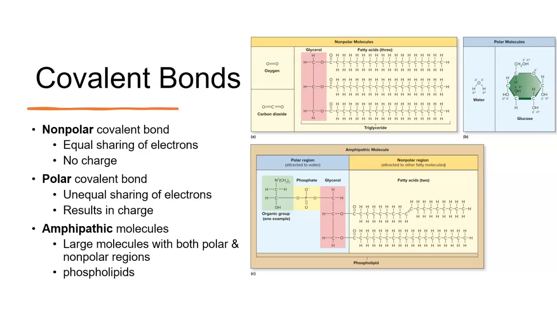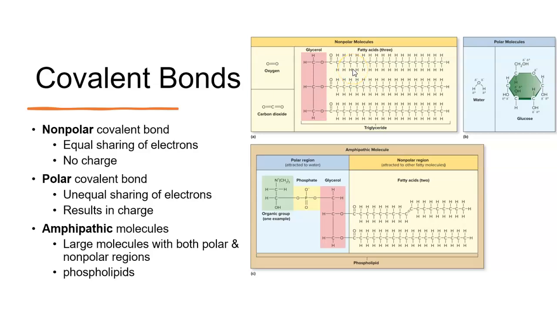It's no charge, right? We have the same thing with a fatty acid, a fat called a triglyceride. So the electrons between all of these carbons and hydrogens and oxygens, they're being shared equally. Now, that creates something called a nonpolar molecule.